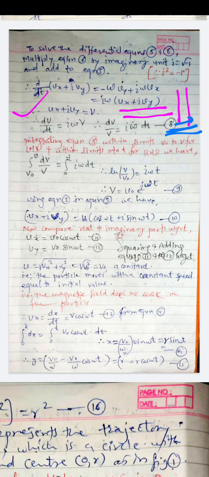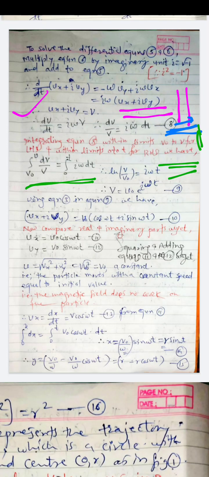Integrating equation 8 within limits v0 to v for velocity and limits 0 to t for time, the integral from v0 to v of dv upon v equals the integral from 0 to t of i omega dt.